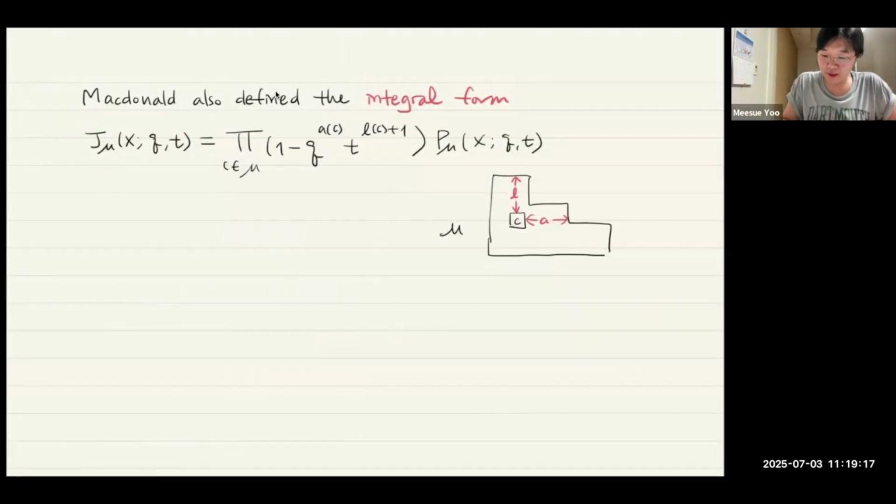What McDonald observed is that if you define the integral form in this way and expand it in terms of the modified Schur functions, where rather than just thinking of x, you substitute x with the x variables together with the t-weighted variables with some sign, then in terms of these modified Schur functions the integral form has this expansion.